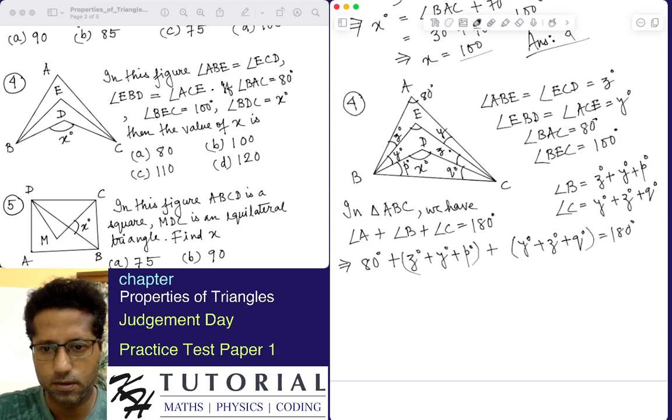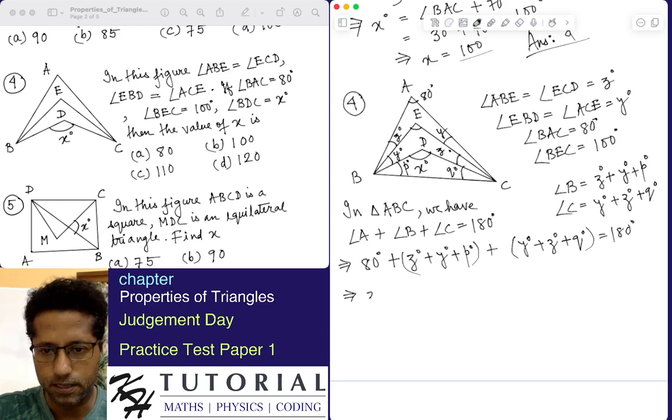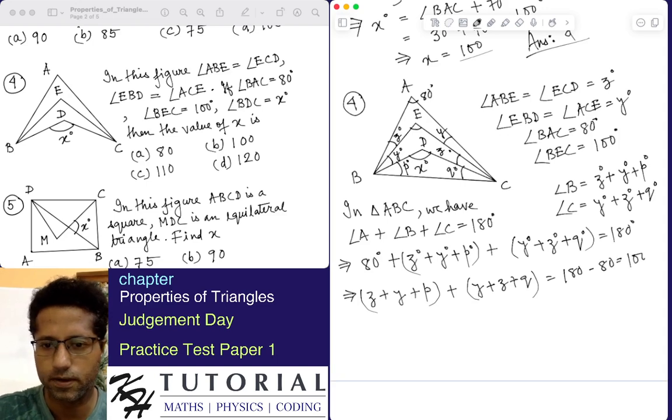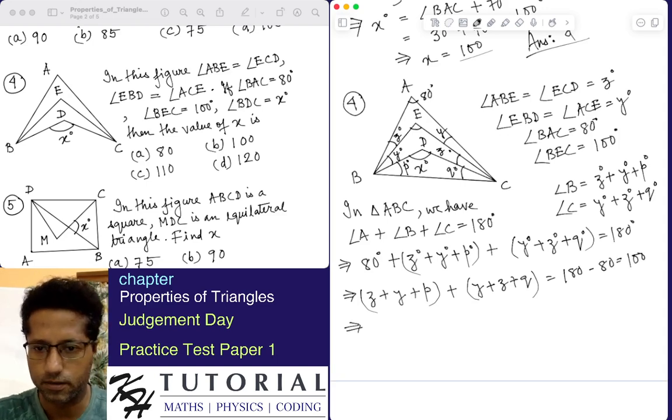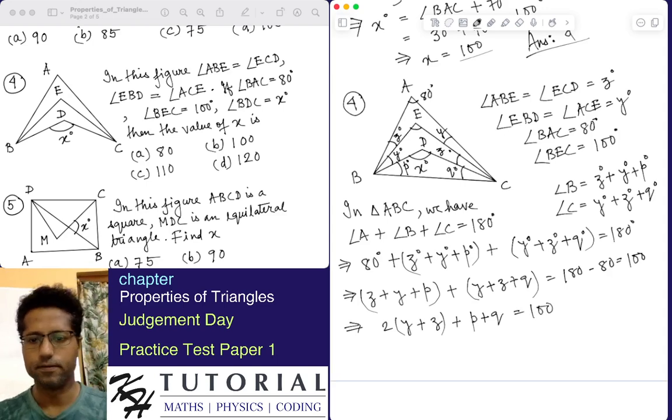Now we can ignore the degrees and say that Z plus Y plus P and Y plus Z plus Q is equal to 180 minus 80, that is 100. Now if we simplify the left hand side further, we get twice y plus z plus p plus q equals 100.